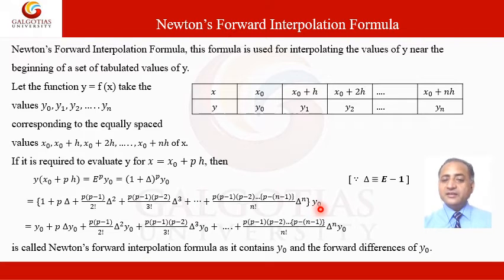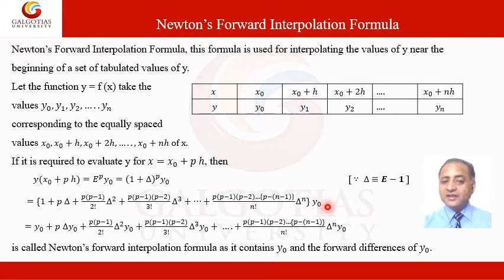So we can write y0 with each of the terms. So the first term will become y0 plus p delta y0 plus p(p minus 1) divided by 2 factorial delta squared y0 and so on. This formula is called Newton's forward interpolation formula.